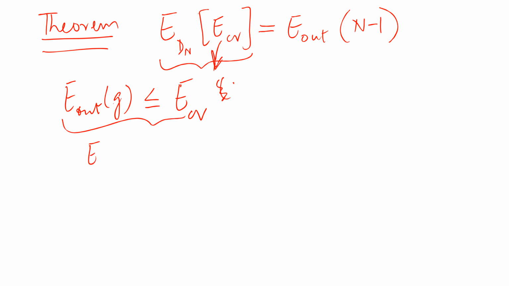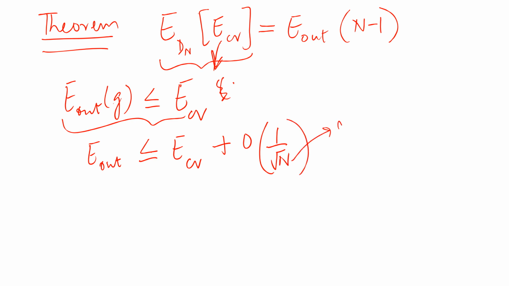Based on whatever knowledge we have of the theory, we can say that this E out is again less than or equal to ECV plus some term that is of the order square root of n. Why? Because we took the average of n things, and these n things are those small e's essentially. Those n things are nothing but E1, E2, E3 up to En, because we were leaving one out and then calculating the error. So this is what this signifies.